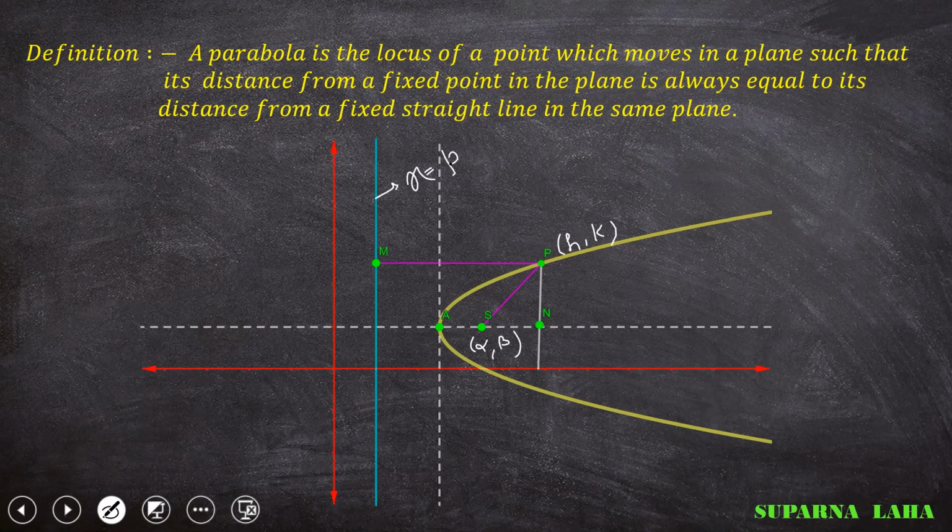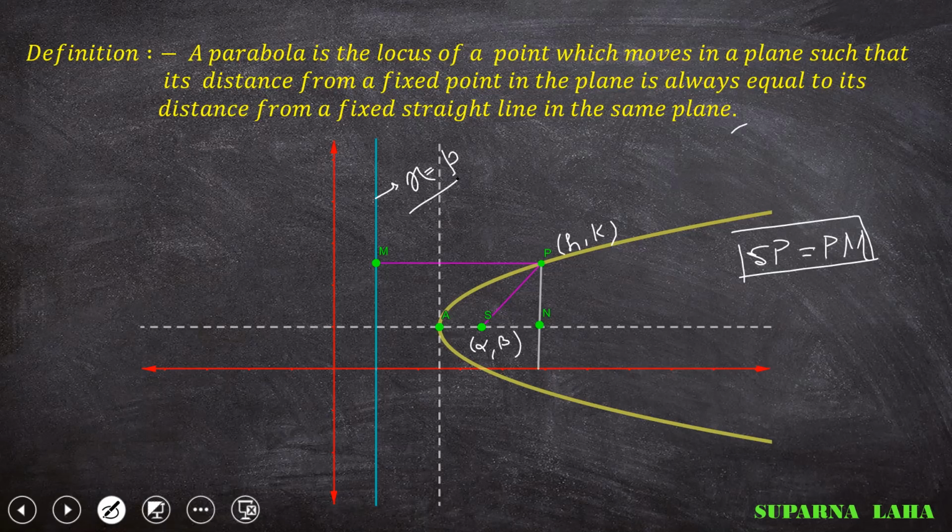Now we have these three pieces of information and one condition, that is SP is equal to PM. This condition we have from the definition, along with the 2 points and the equation of the straight line.